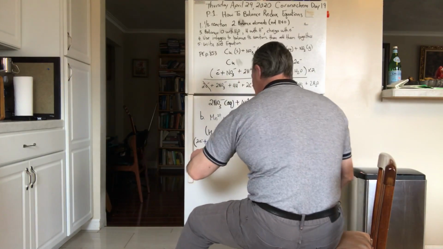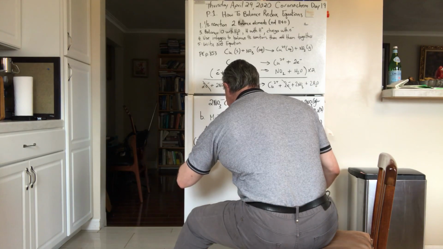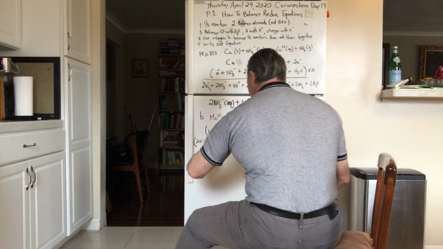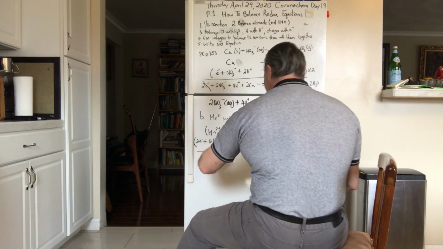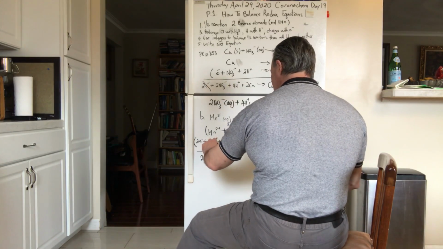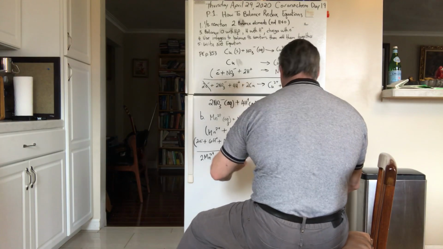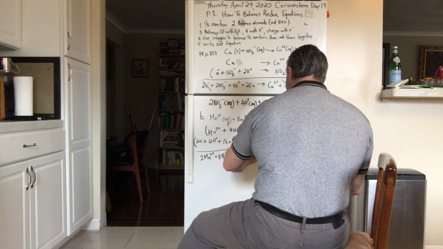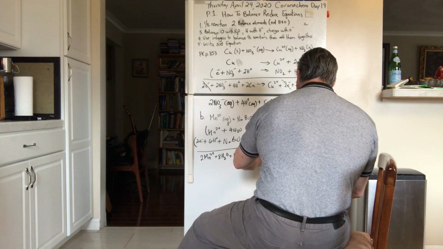You're going to get 2 permanganates, 2 times the 4H2O gives you 8H2O. 5 times 2 electrons gives you 10 electrons. 5 times 6 hydrogens gives you 30 hydrogens. 5 times NaBiO3.